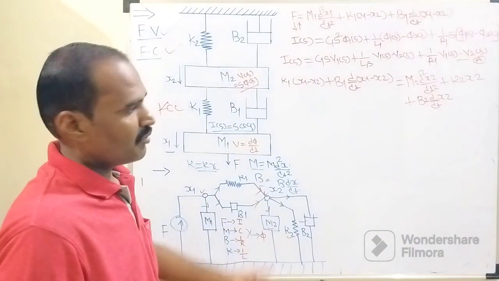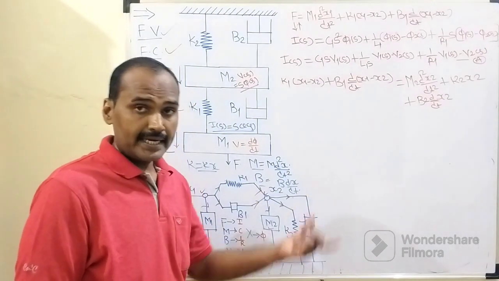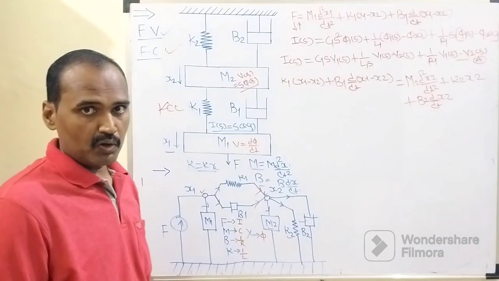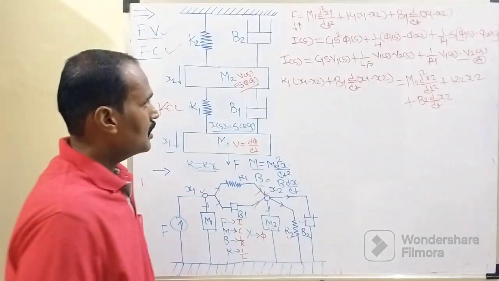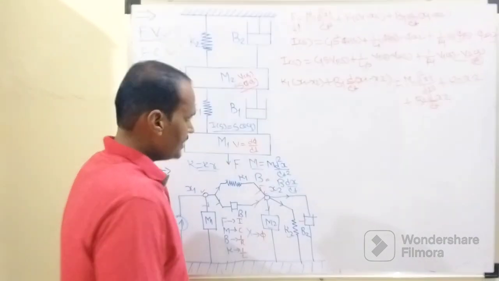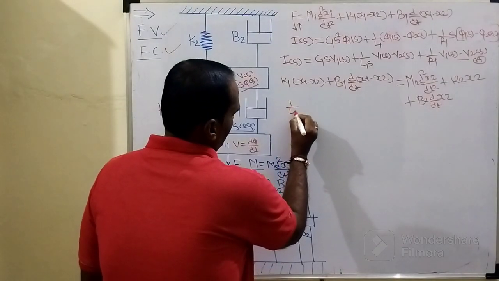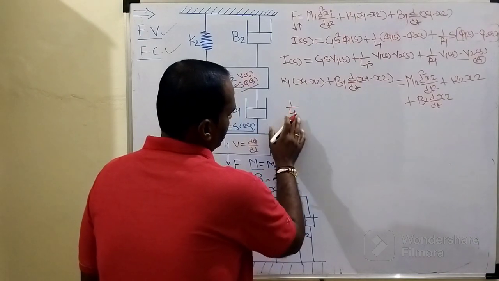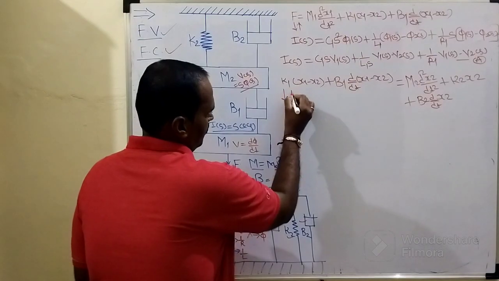So in the next step, we will replace these mechanical elements with their analogous terms. Along with this, x is no more, it is being replaced with the desired flux. As we know, this k is analogous to 1 over L, so it will become 1 over L1, right? And at the same time, we are supposed to apply the Laplace transform, friends.